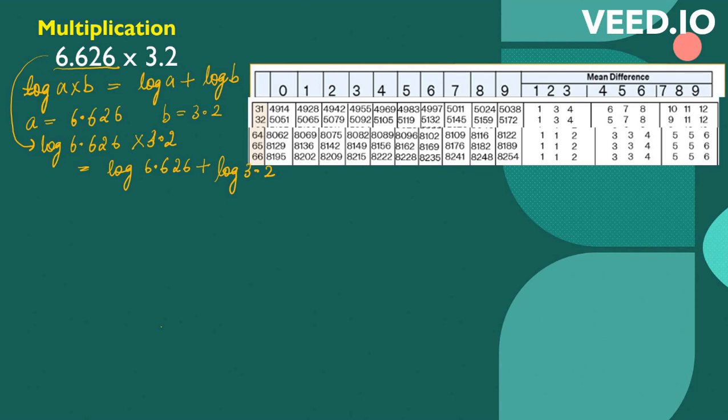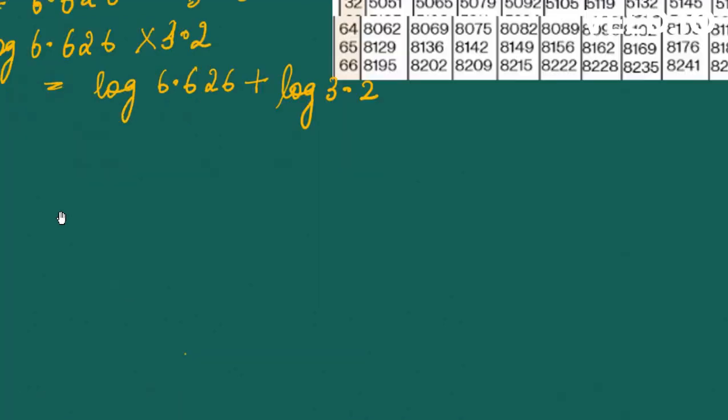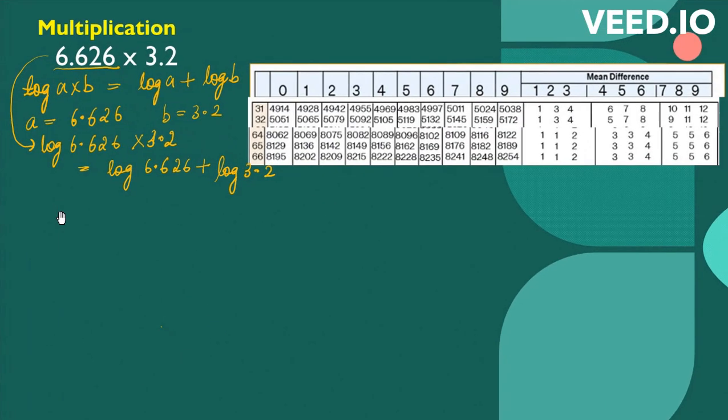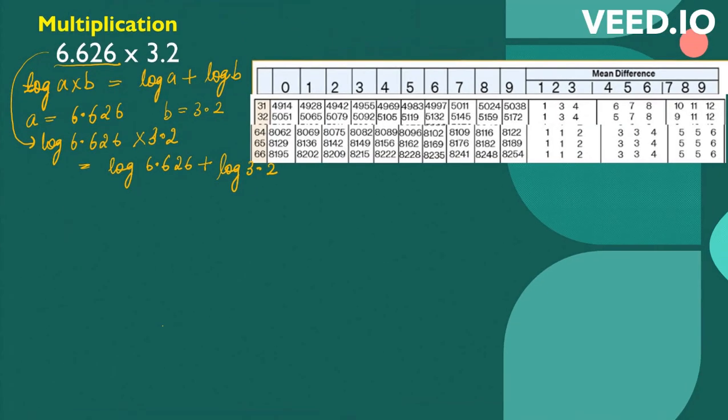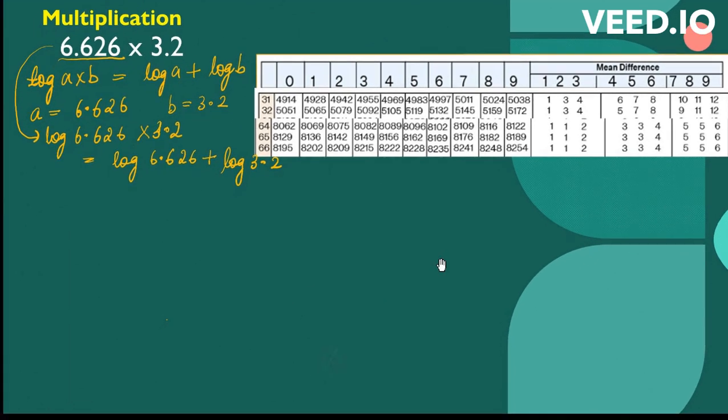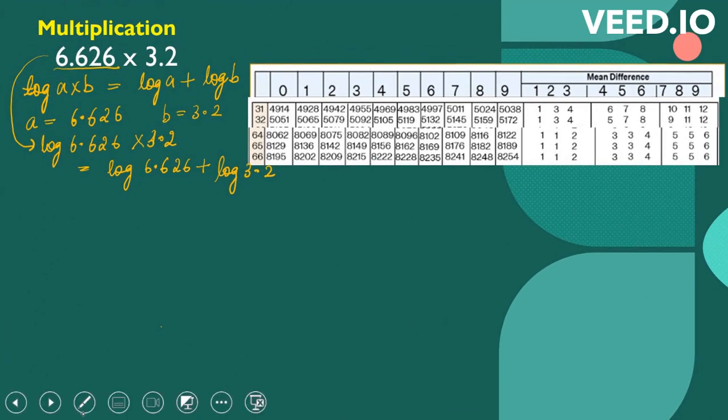Now you have to find the log of each individual number, the log of 6.626 and the log of 3.2 also. Then whatever values you get, you have to add them. So let's go ahead with it.